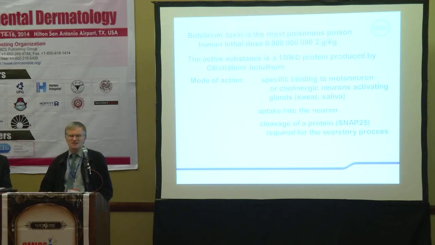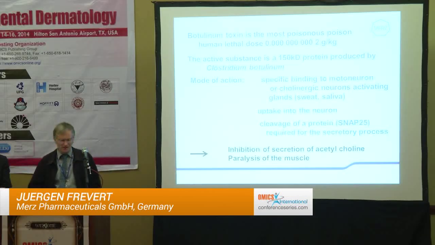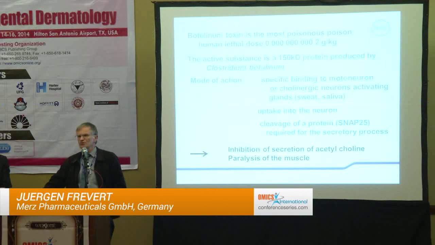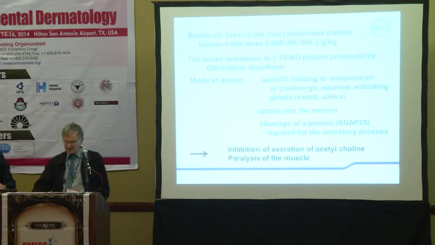And that has a special consequence: the secretion of acetylcholine is inhibited so that the muscle is paralyzed and cannot be activated anymore. So that is the action mechanism of botulinum toxin, which is used for therapy of different diseases.